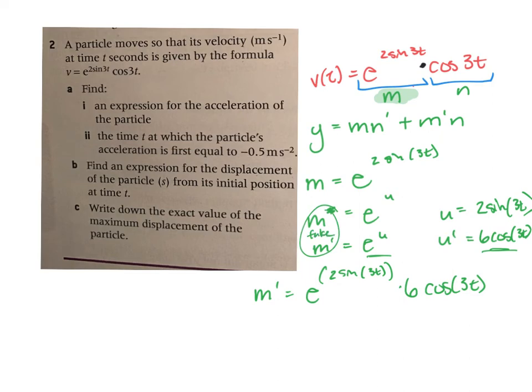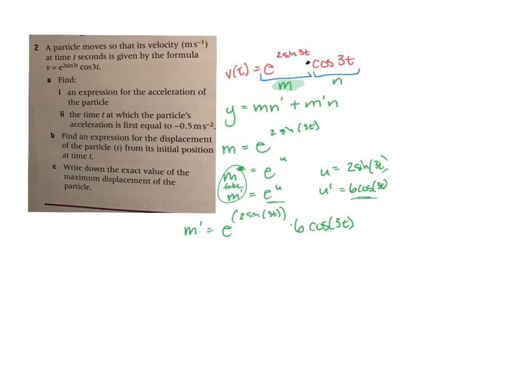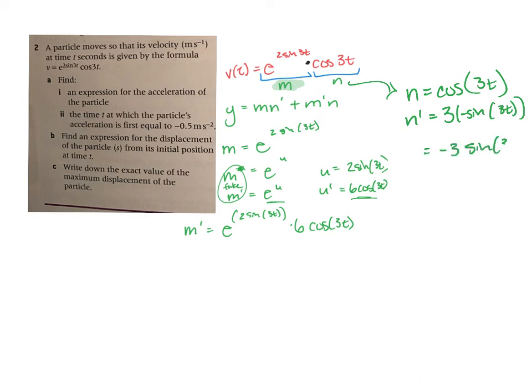Okay, so now let's get n and n prime. Oh, that one's not so bad. N is just cosine of 3t, and then n prime in this case is going to be 3 times negative sine of 3t, or negative 3 sine of 3t. Whew!